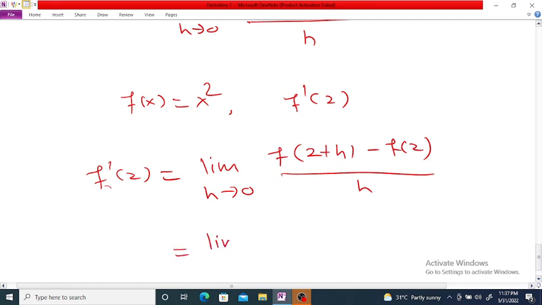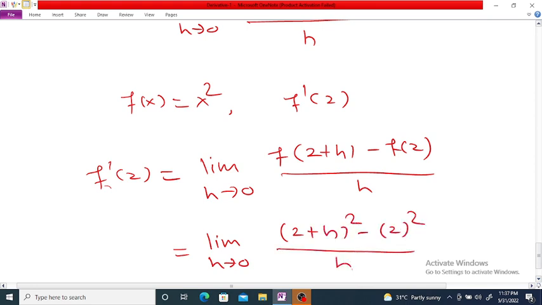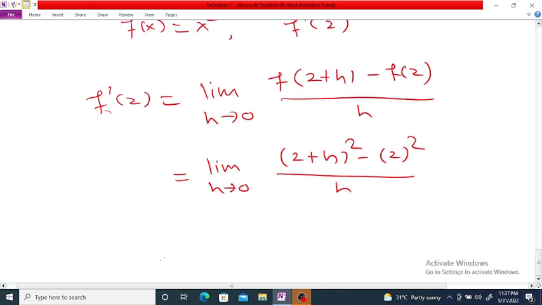So this is equal to limit h tends to 0 of (2 + h) square minus f(2), which is 2 square, divided by h. So what is (2 + h) square? This is equal to limit h tends to 0 of [4 + 4h + h square - 4] divided by h.